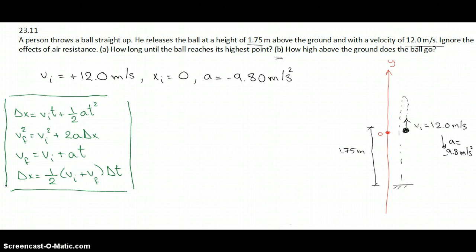And because our motion is happening on the vertical axis, on the y-axis, I will substitute each x with a y to avoid confusion. The formulas still apply. I still use the same formulas, but I know that I'm working on the y-axis instead of working on the x-axis. That's all. That's why I'm putting delta y instead of delta x.